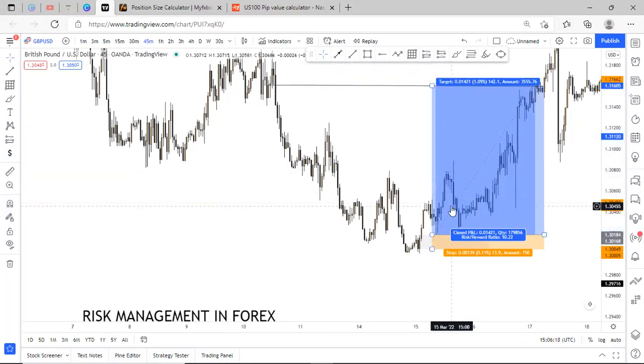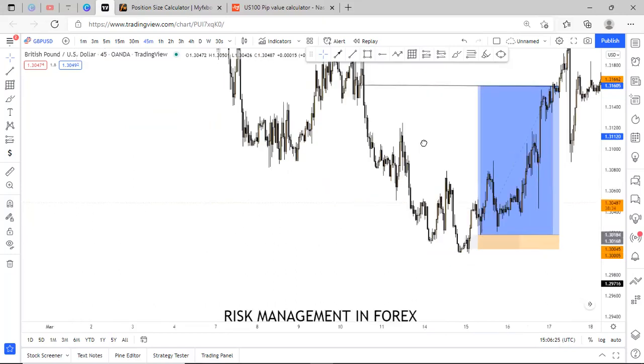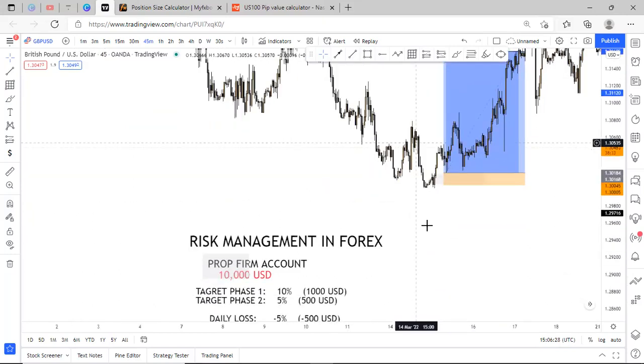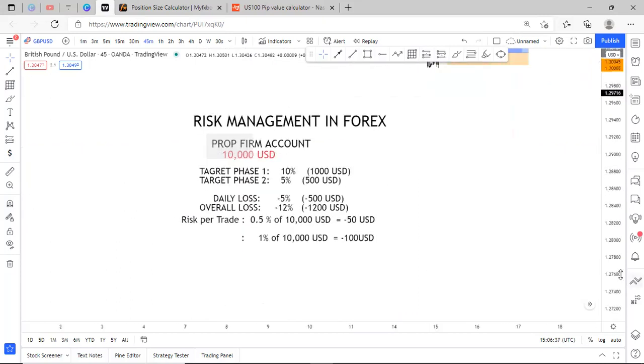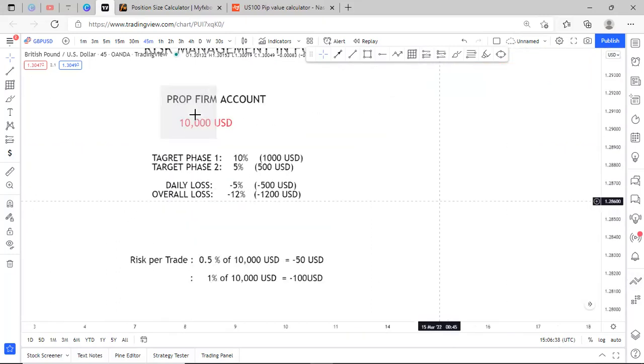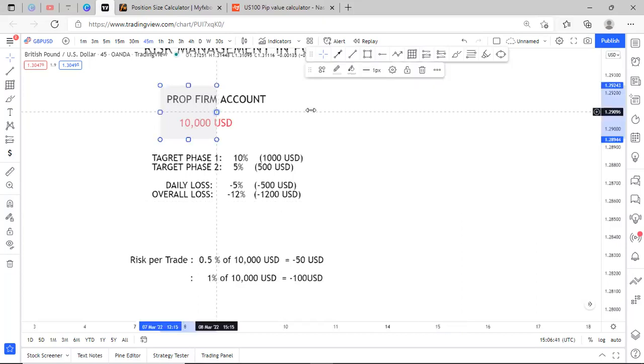You can have an RR of 3, 4, 5, 6, 10. Some people even catch a risk to reward of 30 RR. But always make sure your reward is 3 or more than 3 RR. This is to assist you to mitigate the losses that you may have.